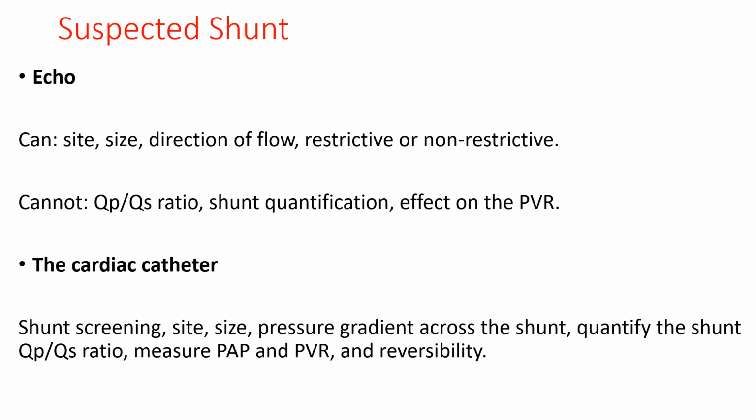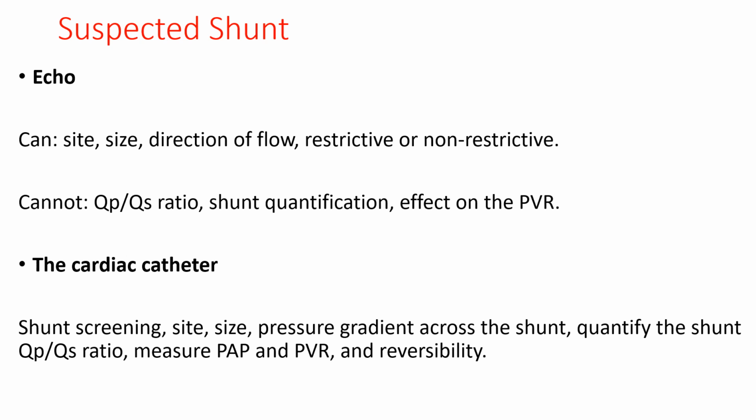So in some cases the echo is not enough, and if we have a doubt whether there's a shunt or not, the cardiac catheter will confirm the shunt and it will tell us where the shunt is and how big and significant it is.